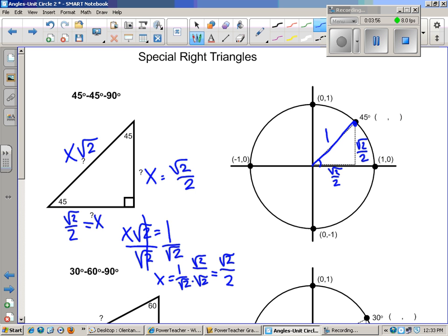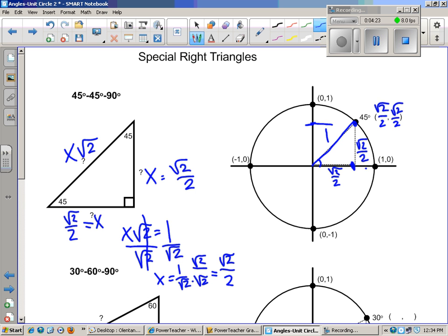So this far over is where it ends up on the x-axis. So the x-coordinate is square root of 2 over 2. And up this way is where it is on the y-axis. So again, square root of 2 over 2. So the coordinates are square root of 2 over 2, square root of 2 over 2.